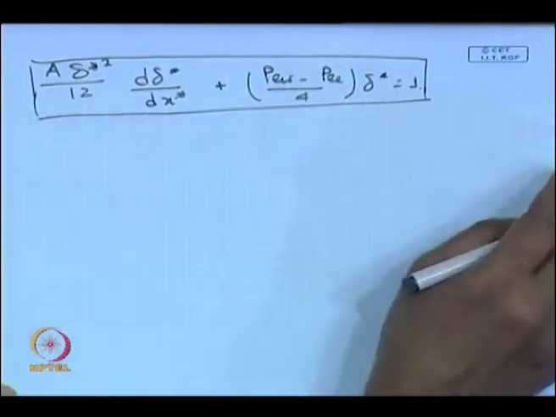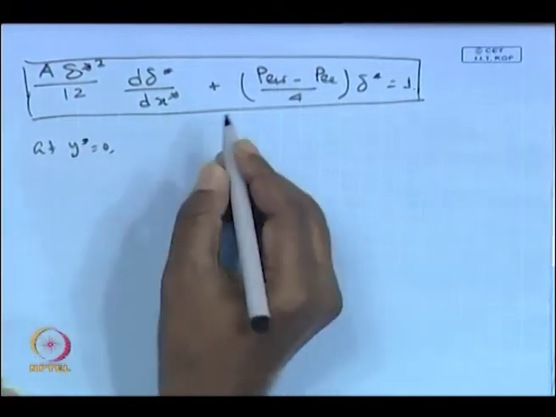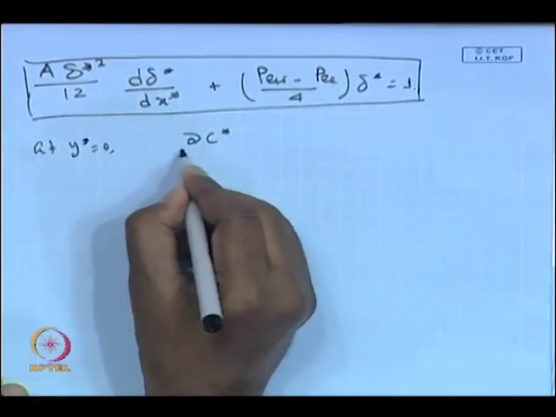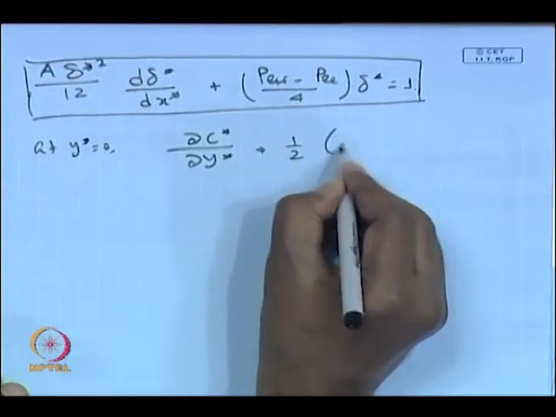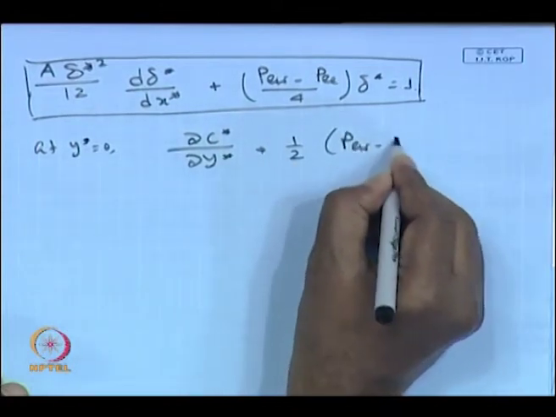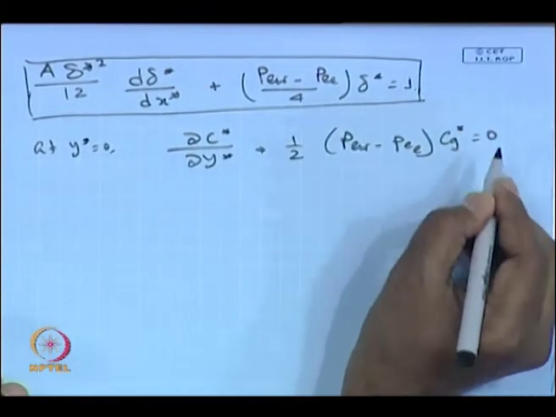Now, if you remember the boundary condition you had at y star equal to 0, it was del c star del y star plus half Pw minus Pee times Cg star is equal to 0.